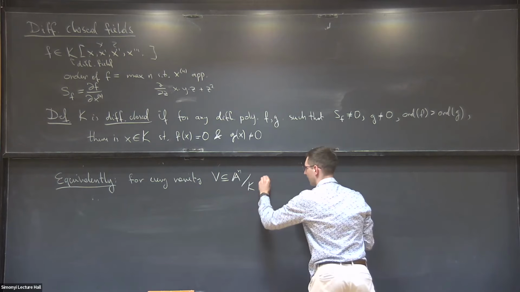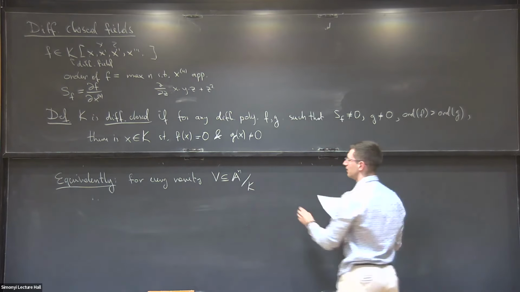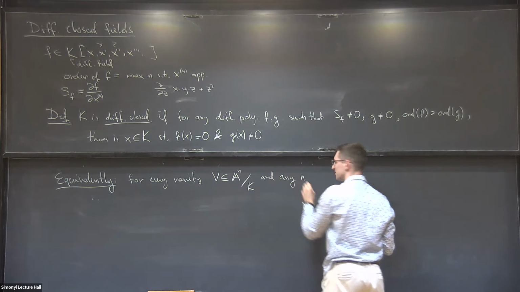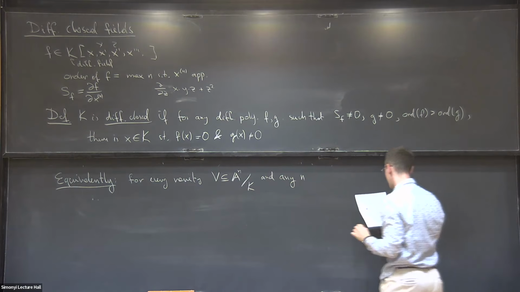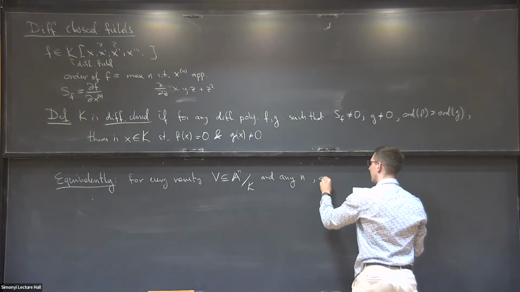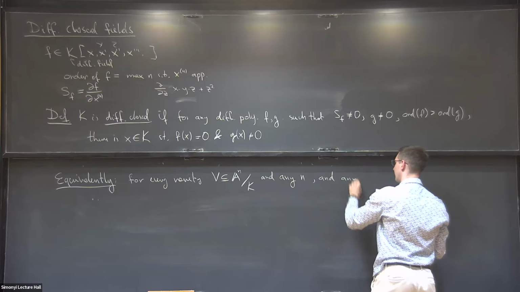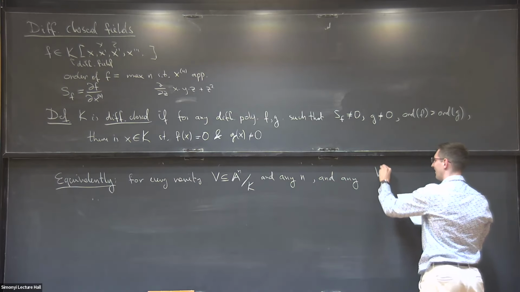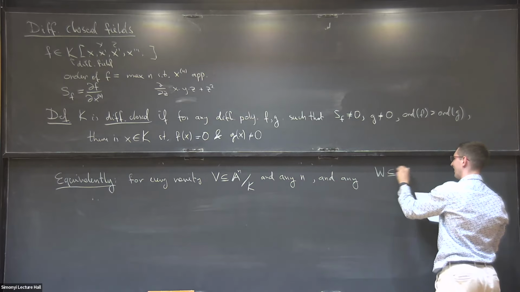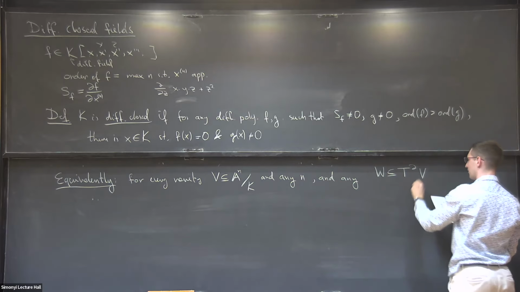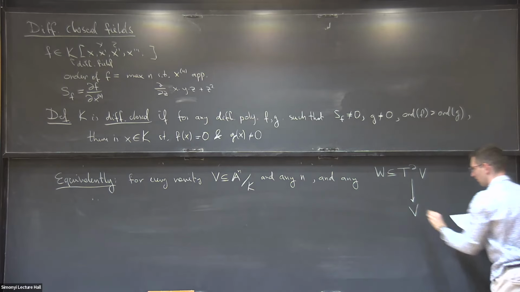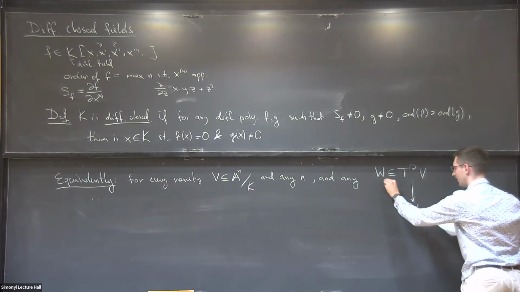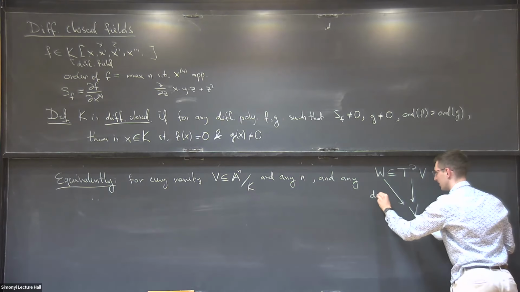Is that n the same as that n? No, here it's for any variety and for any n, and any subvariety W of the twisted tangent bundle of V, which I'll soon define, that this is dominant.